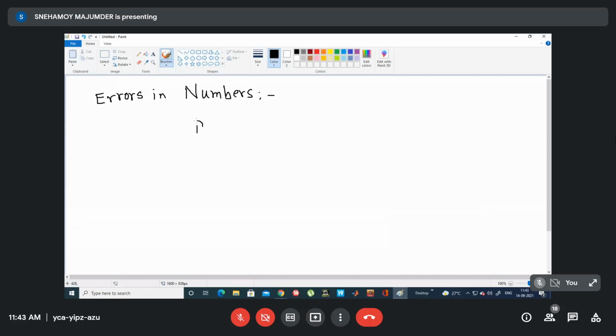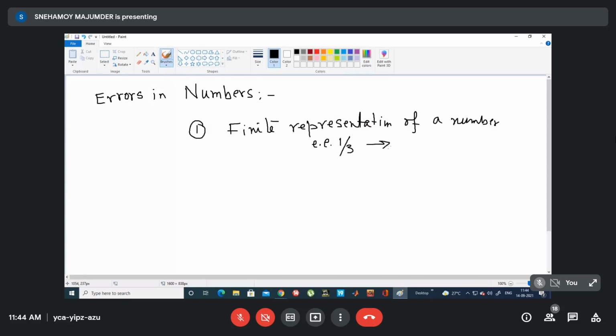Number one error is the finite representation of an irrational number, say 1/3. It is infinite: 0.333... So you cannot represent infinite.